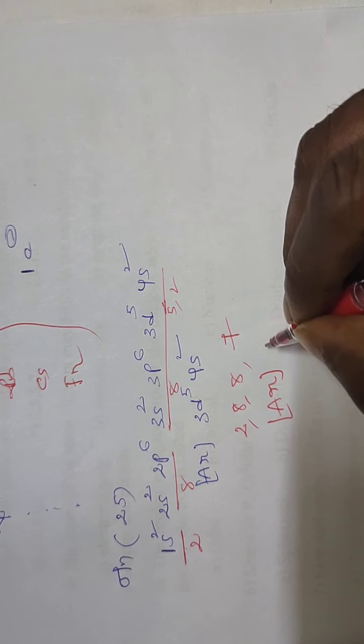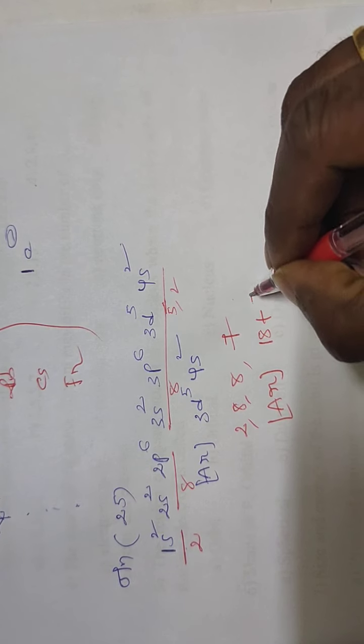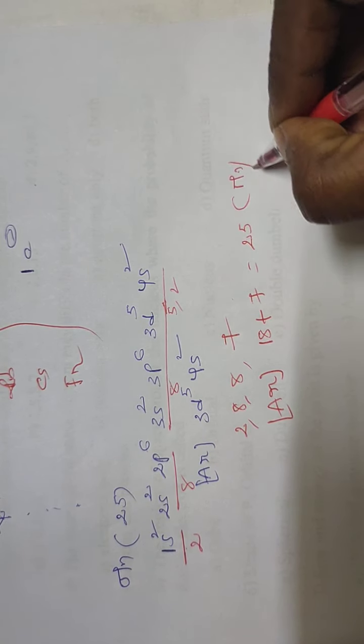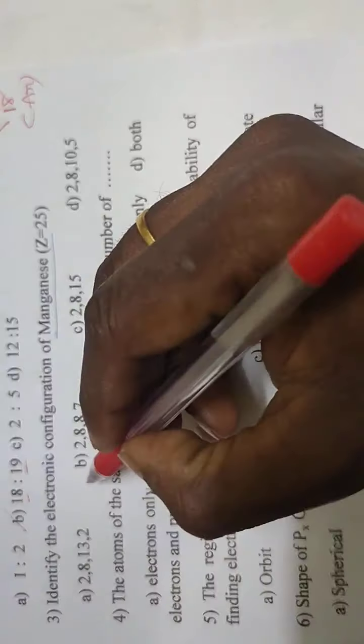So 18 plus 7 equals 25. It is the electronic configuration of manganese. Okay students, so it is the correct answer.